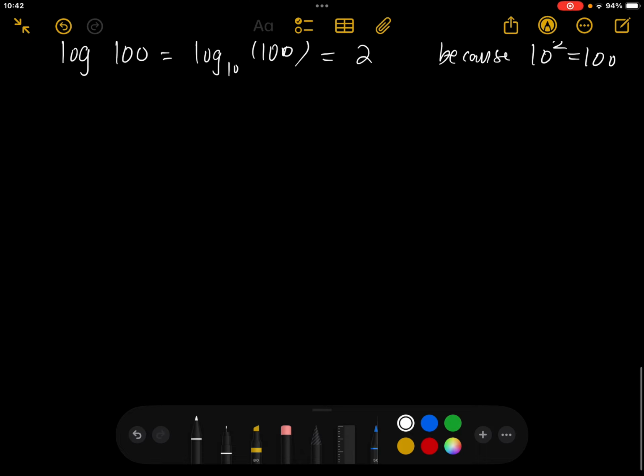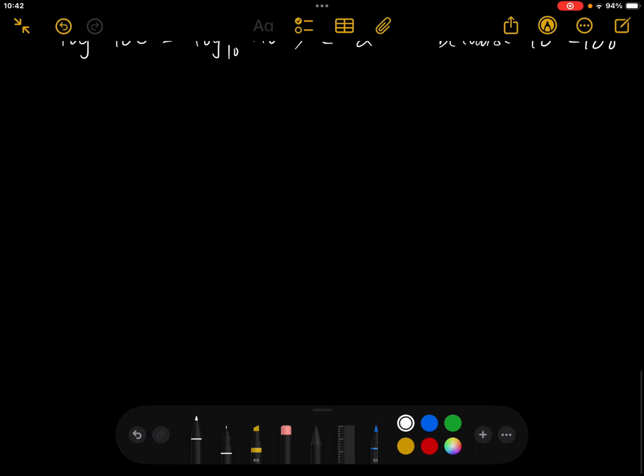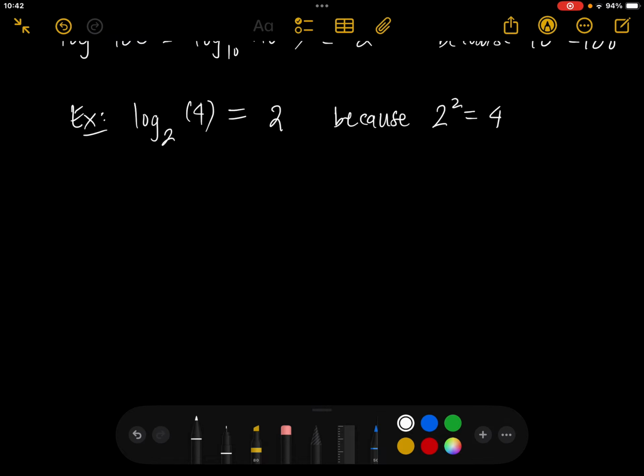So let's do some more problems to practice. So what's log base 2 of 4? Well, remember, I'm asking myself, 2 to what power equals 4? The answer is 2. What about log base 10?